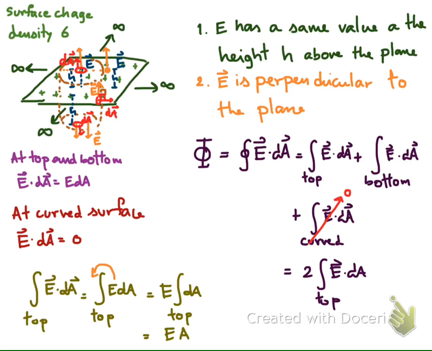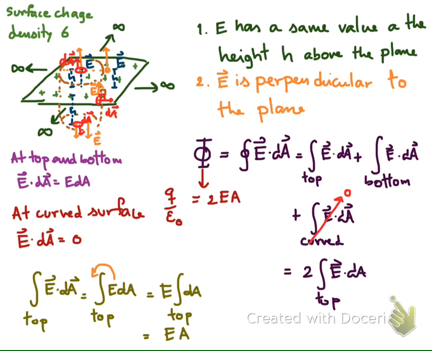So we must have that this flux is equal to 2EA, which from the Gauss law is equal to Q over epsilon 0.